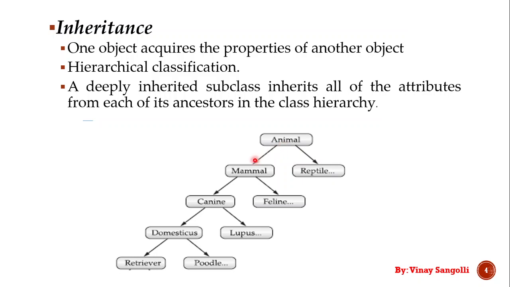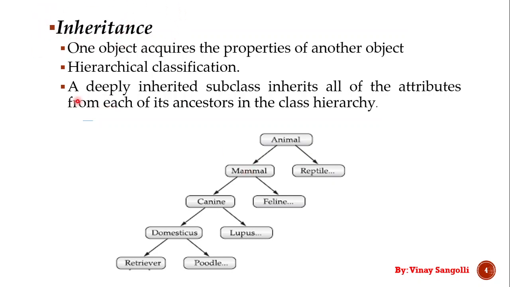That means the mammals have some properties which are there in animals. The canine has some properties which are there in mammals. Same thing with feline. Feline has some properties which are there in mammals. So in this way, you can see that the properties of one object will be shared with the other object. This is nothing but your inheritance.